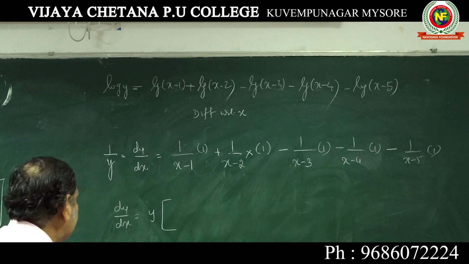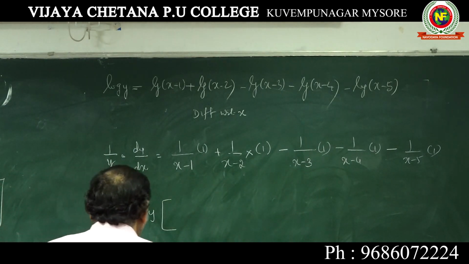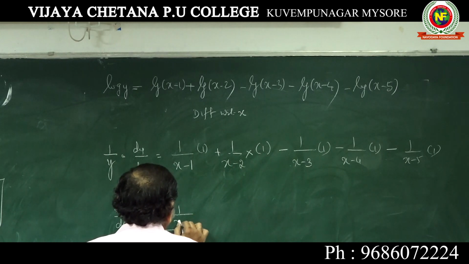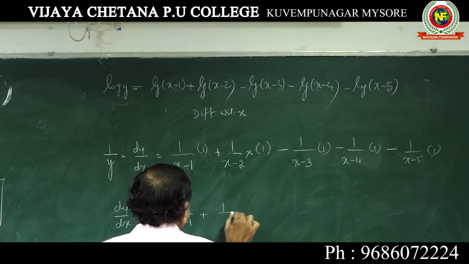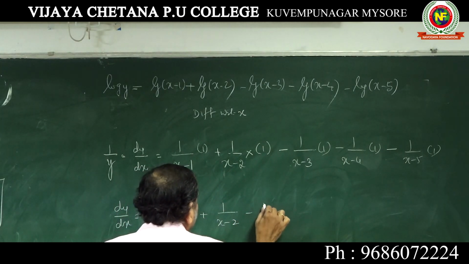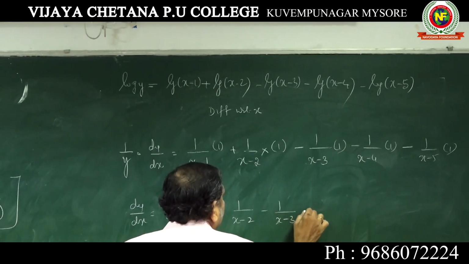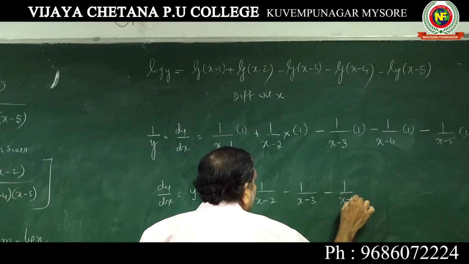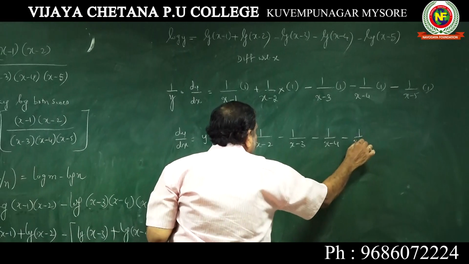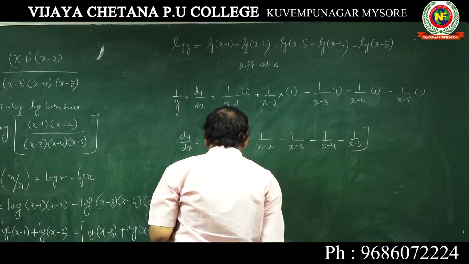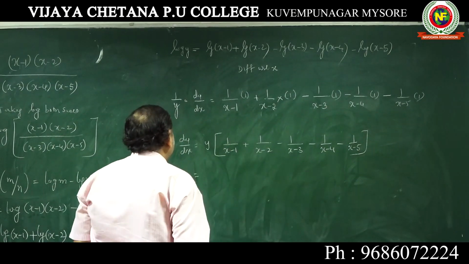This y will go up here, cross multiplication. dy by dx is y into 1 over x minus 1 plus 1 over x minus 2 minus 1 over x minus 3 minus 1 over x minus 4 minus 1 over x minus 5. Or substitute y.